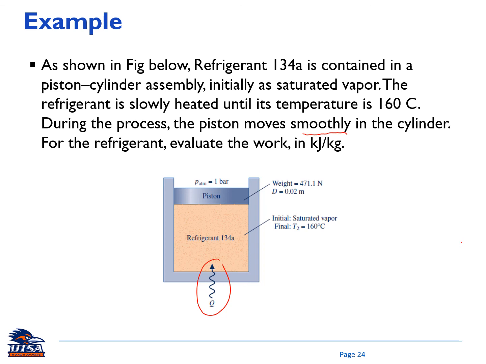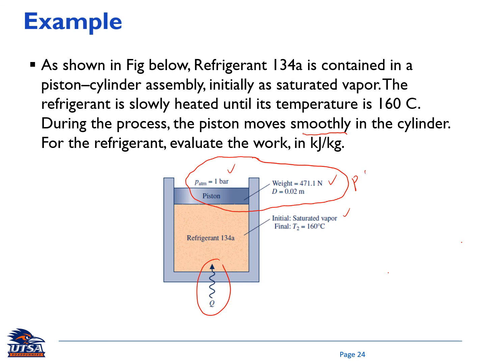Okay, the pressure of the atmosphere is 1 atmosphere. There is a weight of the piston here. Based on this information, you will have the pressure of the refrigerant, right? And then the initial condition is saturated vapor, and the pressure comes from this.